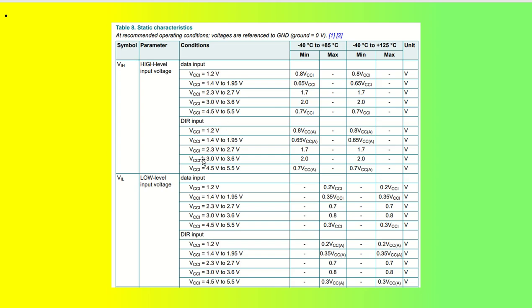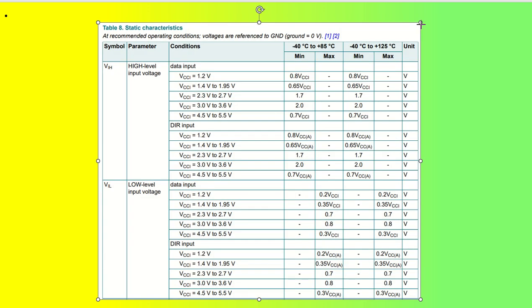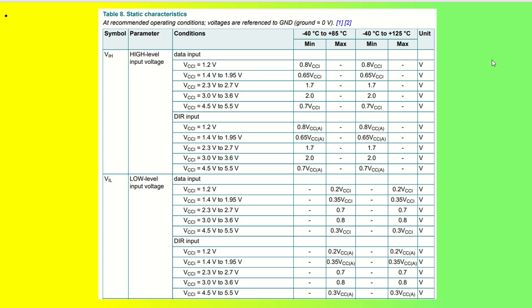Let us talk about the static characteristics that we have just now seen. What is my high level input voltage? Let us say our logic input is A. So at this A terminal, let us say our working voltage is 1.2 volt logic level.